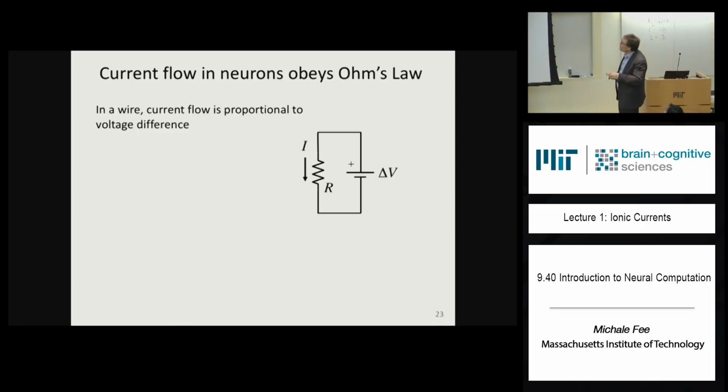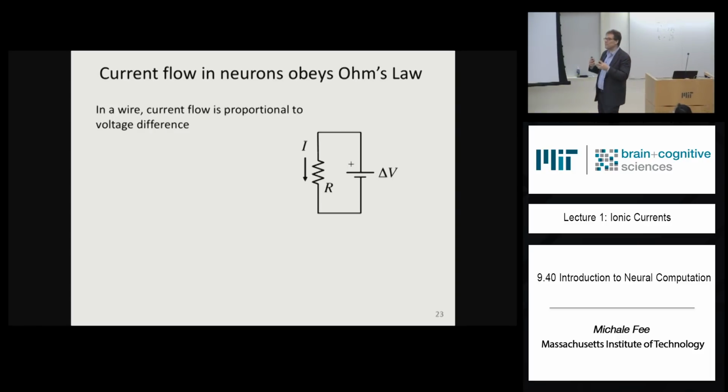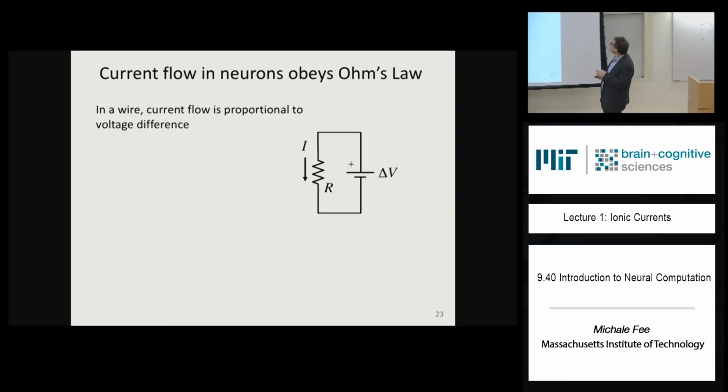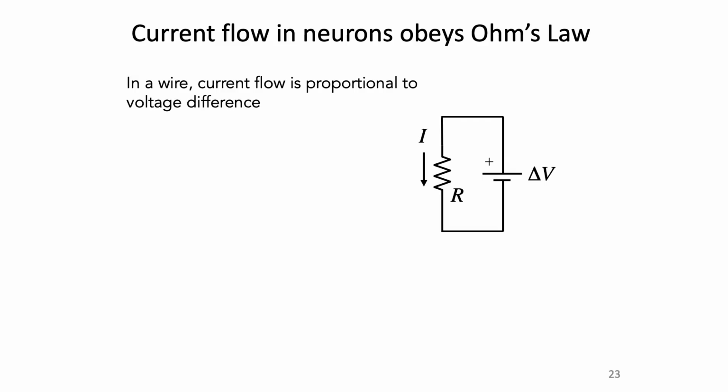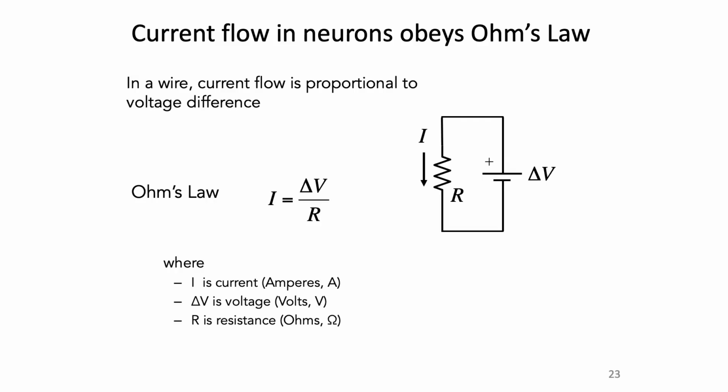The current flow through that resistive medium is proportional to the voltage difference. So that's Ohm's law. The current is proportional to the voltage difference across the two terminals, the two sides of the resistor, and the proportionality constant is 1 over the resistance. Okay?